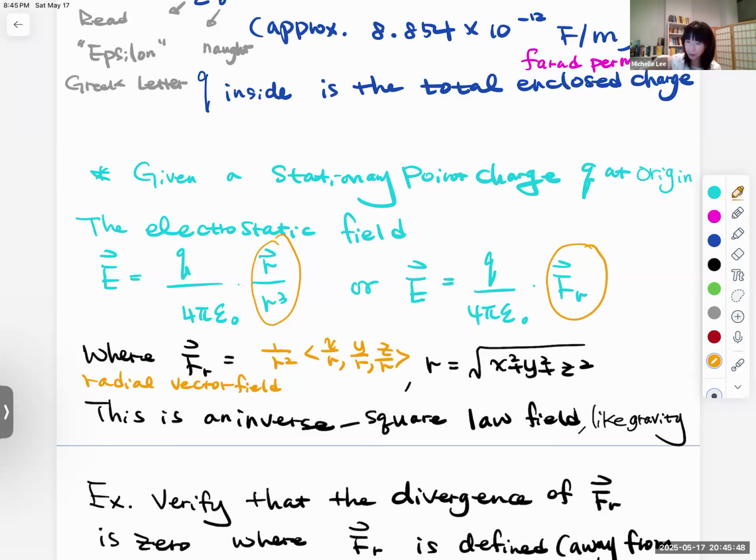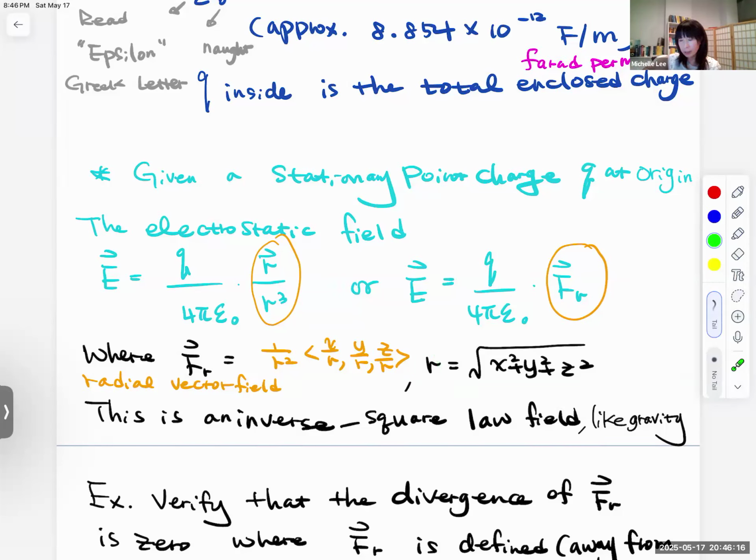Okay, then we can express what the radial vector field is. So r, we can express with the vector components x, y, z. And r to the third power, r cubed, we can express as r squared over the fraction with the denominator here.